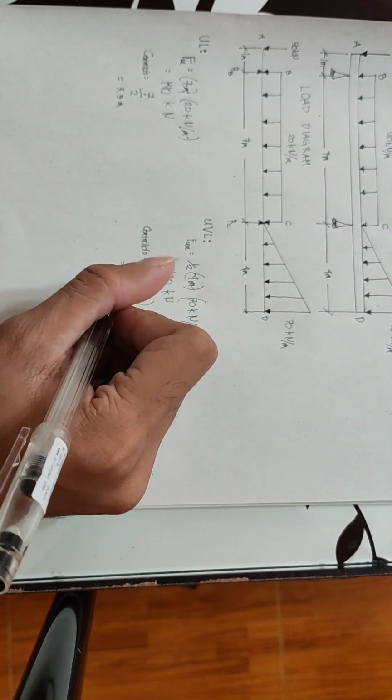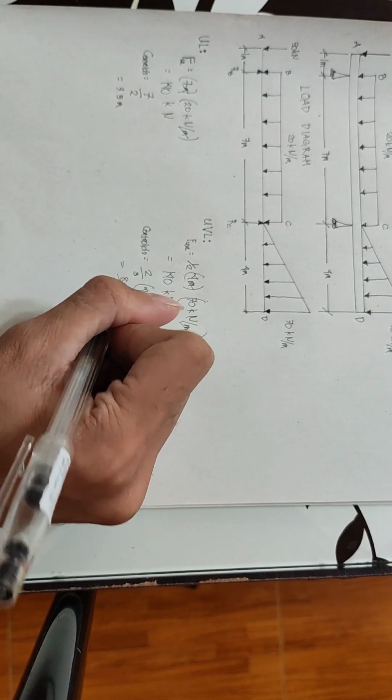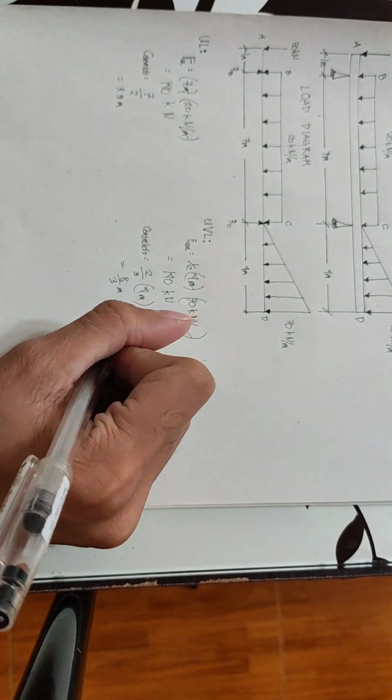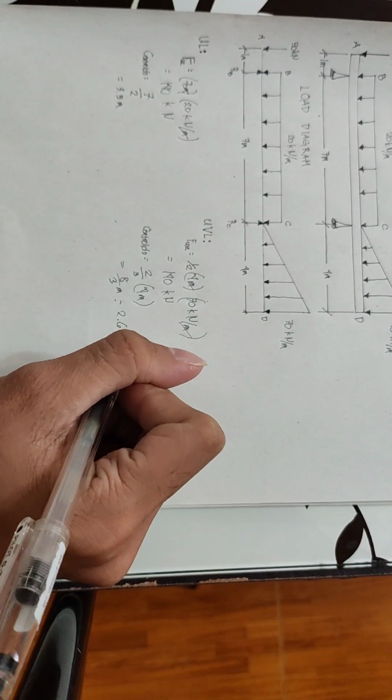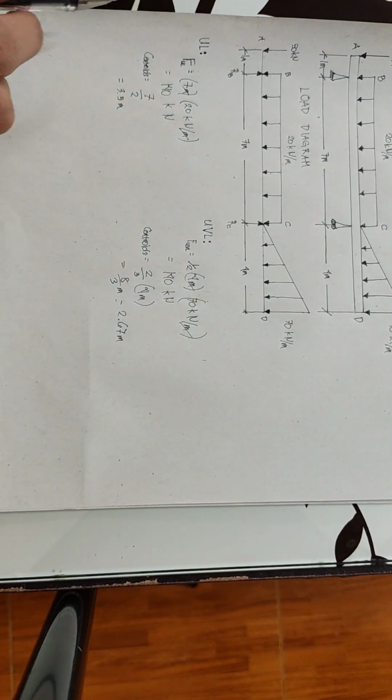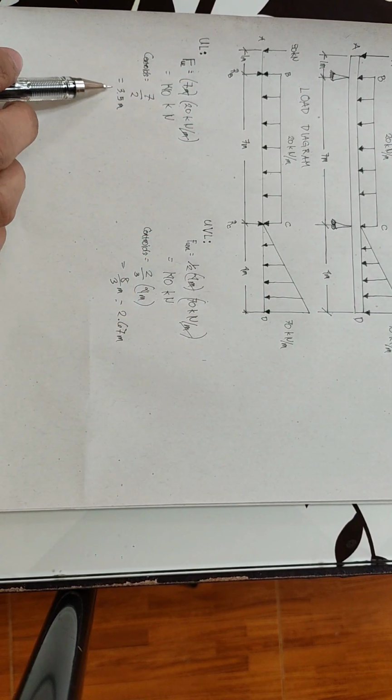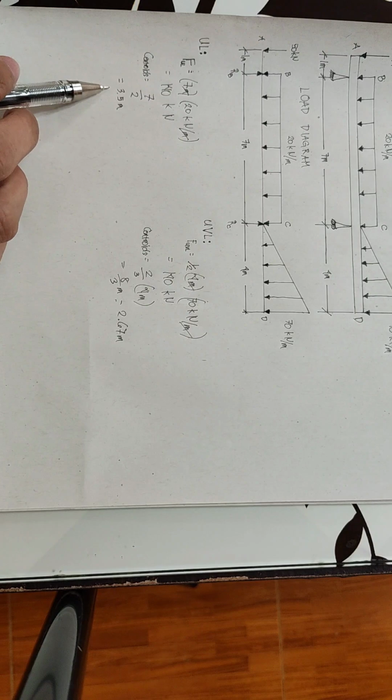So 2 times 4 is 8 over 3 meters, or 2.67 meters. So that's the force for this load, and the other load has a centroid of 3.5.